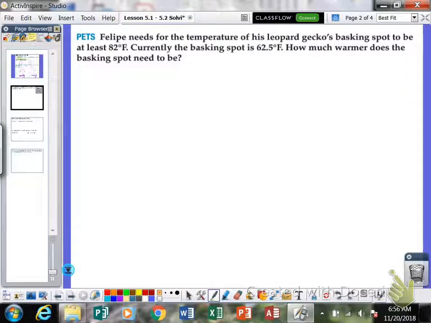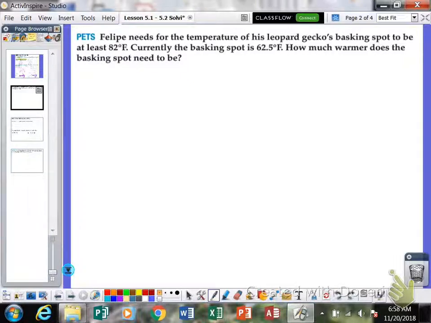All right, Felipe needs the temperature of his leopard gecko's basking spot to be at least 82 degrees Fahrenheit. Currently, the basking spot is 62.5 degrees Fahrenheit. How much warmer does the basking spot need to be? So we know that it has to be at least.